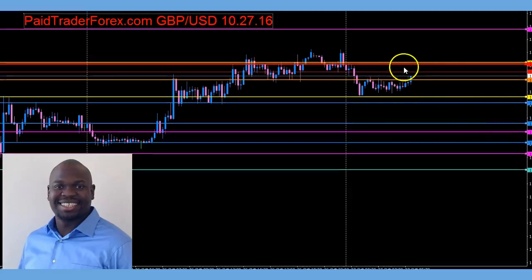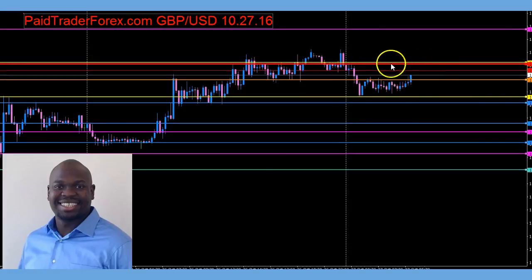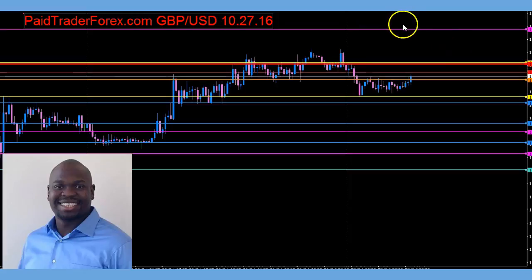Now, if we do come up into this area, I don't anticipate that we will go much further. If we do hit my level of interest up north, you know me, I'll be looking for a short. So let's see what happens with the pound dollar.